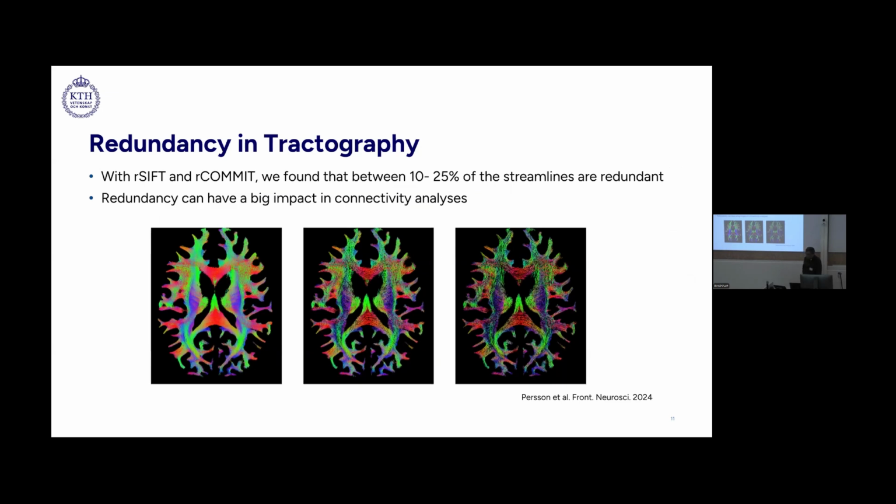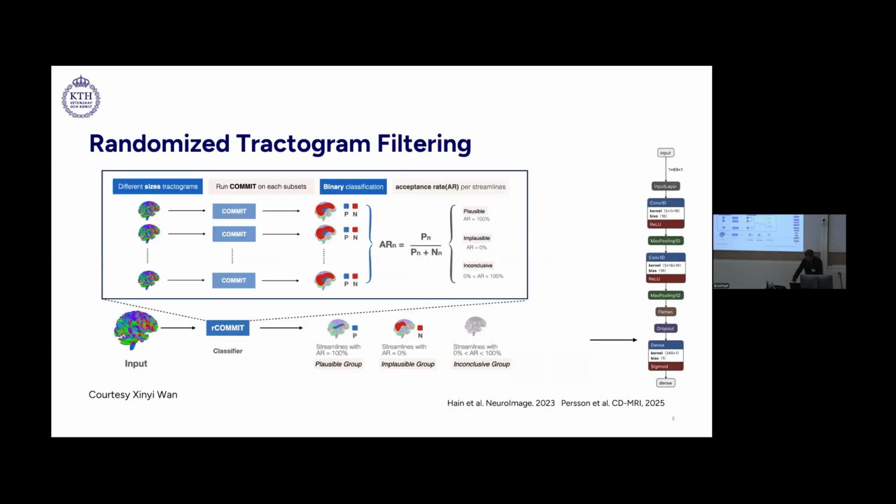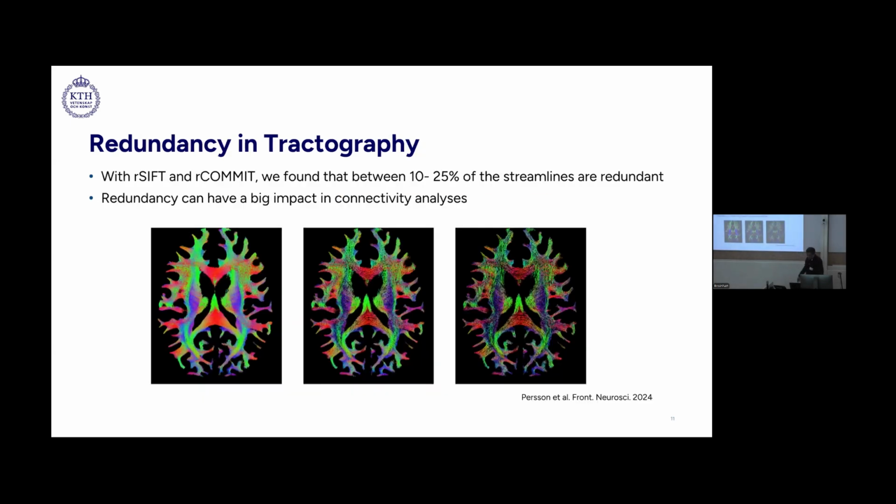We used some other techniques, more from statistics, and we found that around 50% of the streamlines were in this inconclusive group in this study, and from this 50%, between 10 and 25%, we are very sure that they are redundant.